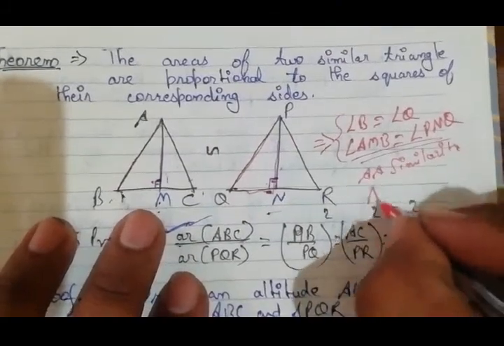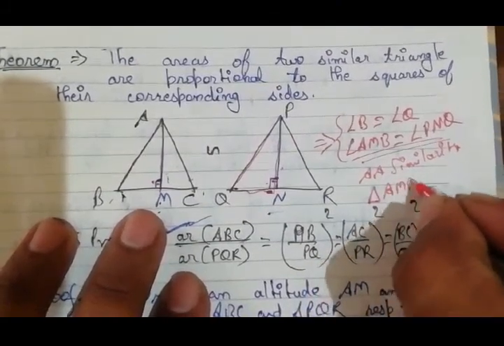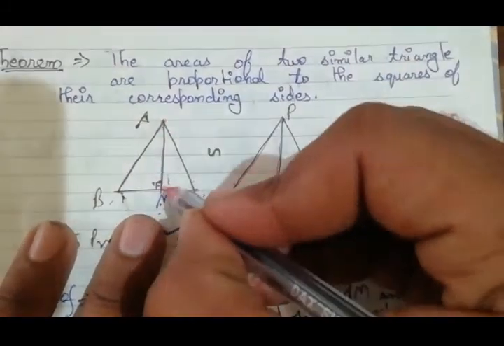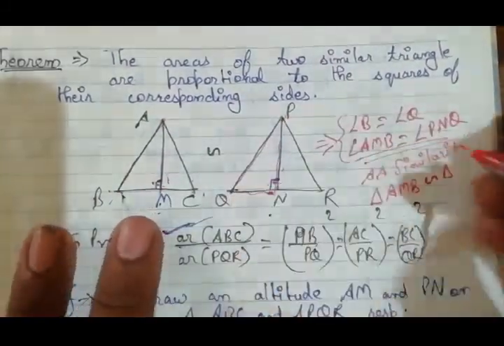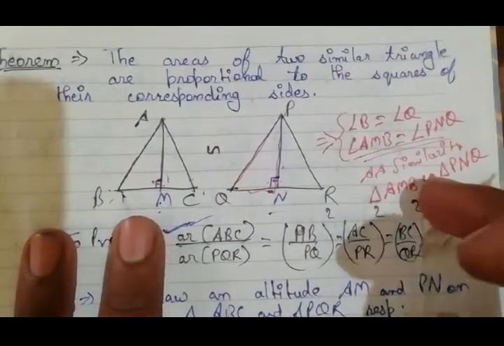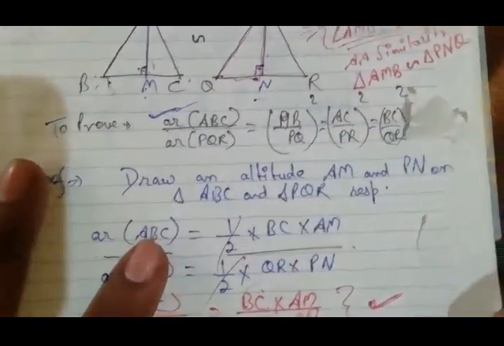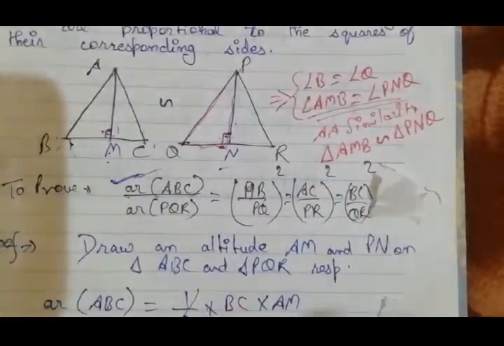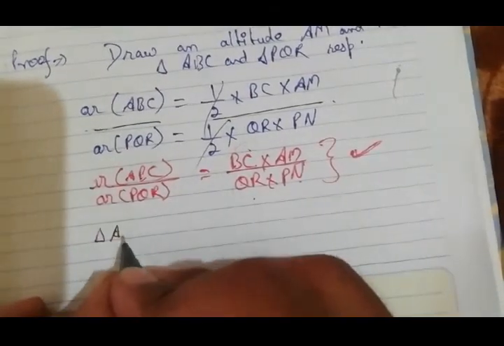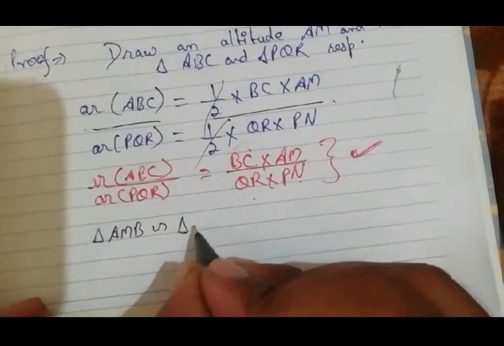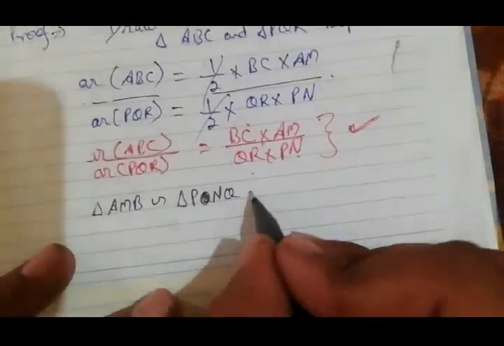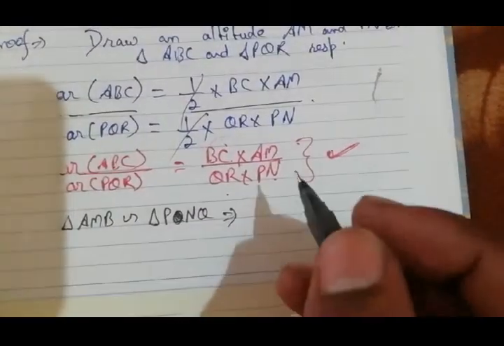So we can say that triangle AMB is similar to triangle PNQ. Okay, so by this conclusion, let me write here. Look, we have two triangles, triangle AMB is similar to triangle PNQ. Okay, so by this we have one theorem, BPT.